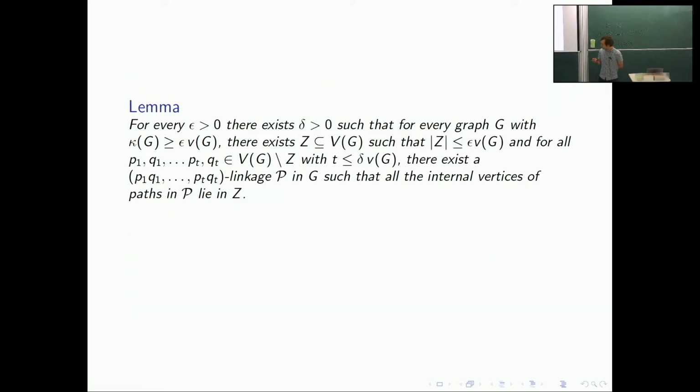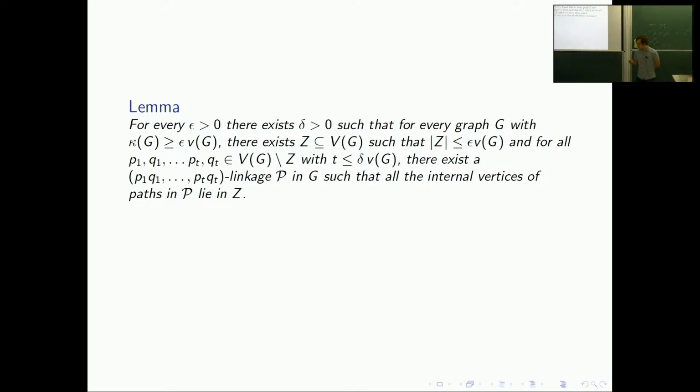And if you have some small connectivity, this allows you to find some small set of vertices Z such that whenever you take a very small number of pairs of vertices, you can link those vertices together in pairs so that all of the internal vertices of all of the paths in the linkage are in the set Z.